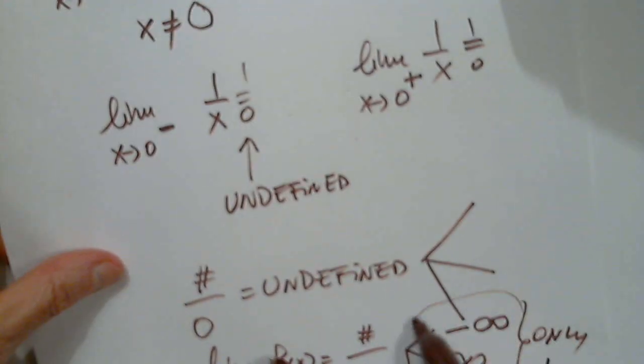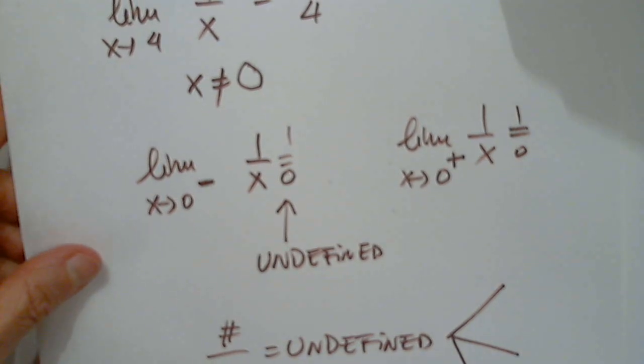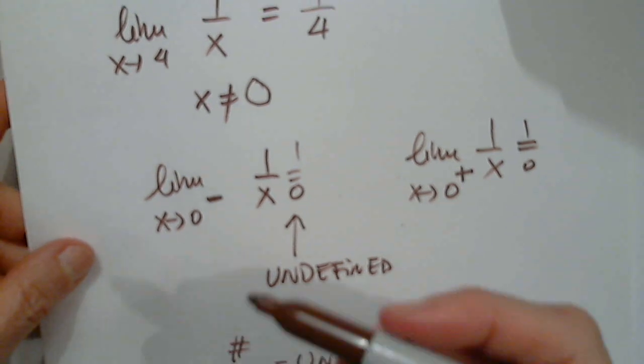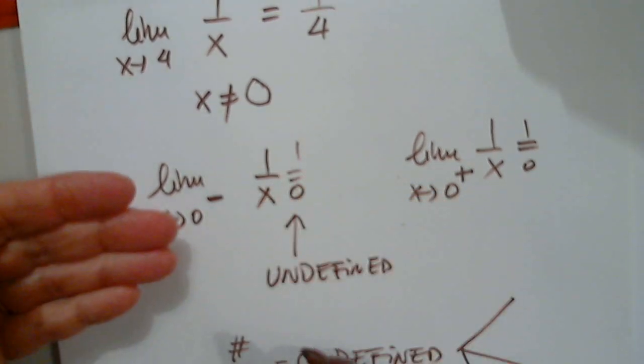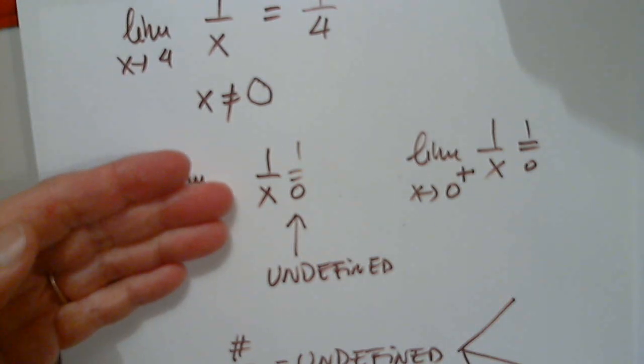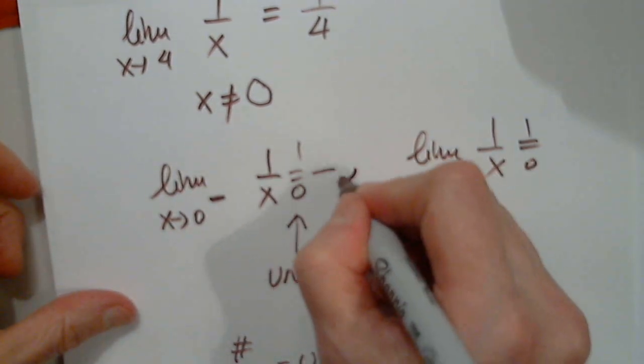Which of these 3 options do I have to put here? So we said that 1 over a negative number is negative. Which of these 3 is the only one that fits the answer? Negative infinity. Exactly.